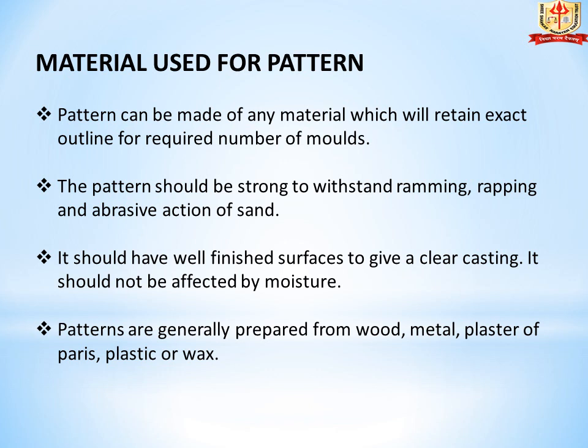Point number 3, it should have a well finished surface to give a clean casting. It should not be affected by moisture. Point number 4, patterns are generally prepared from wood, metal, plaster of Paris, plastic or wax.